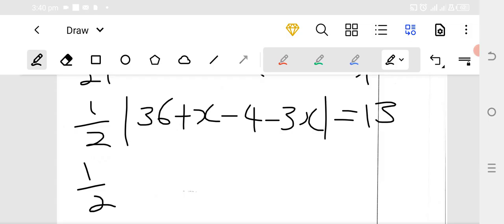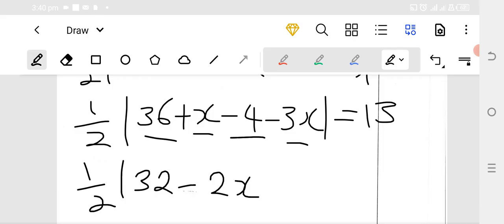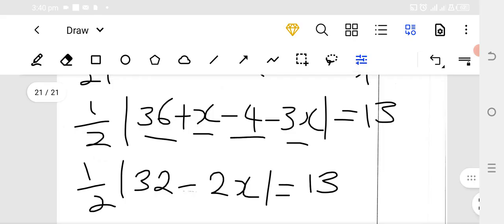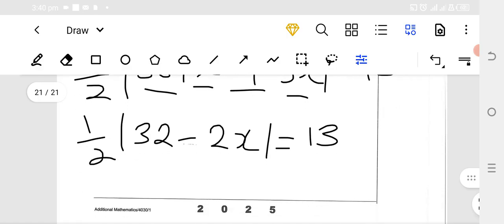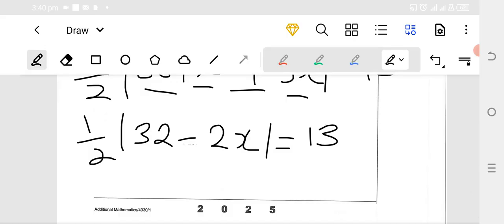So half of, simplify here, we are going to have a positive 32. Then we simplify here, minus 2x is equal to 13. So 32 minus 2x is equal to 13. Then multiply both sides by 2 so that we can get rid of this half.